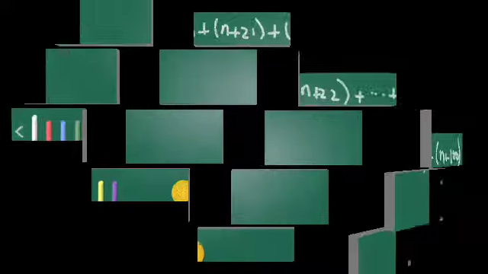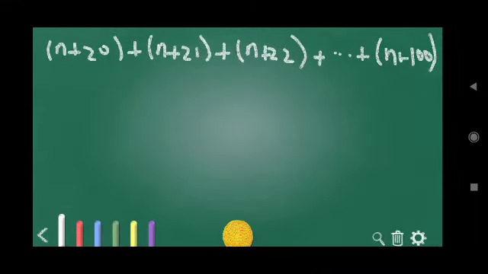Now, in order to solve the problem, notice that the expressions inside the parentheses are being added together. Each of the expressions in the parentheses contains the variable n. So, the problem is asking us basically to find the value of n such that the sum of all these expressions added together will give us a perfect square.